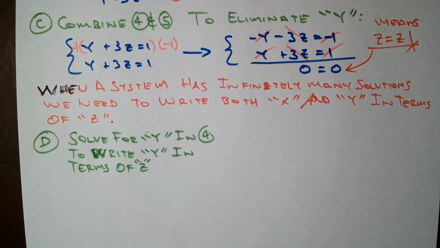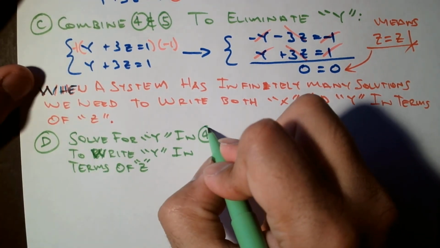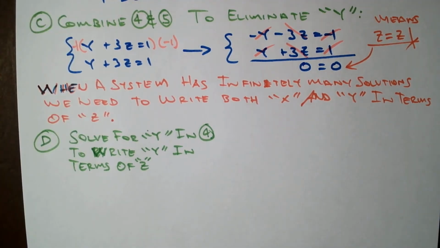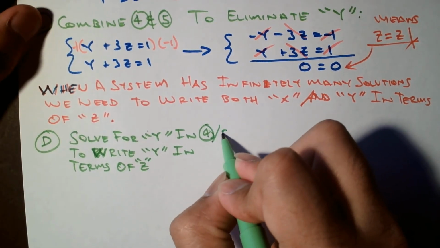Actually, 4 and 5 are the same equation, but I'm still referring to this as 4 slash 5, if you will.